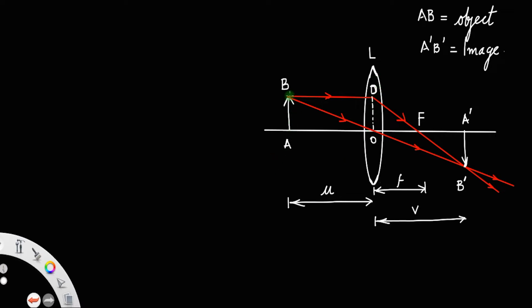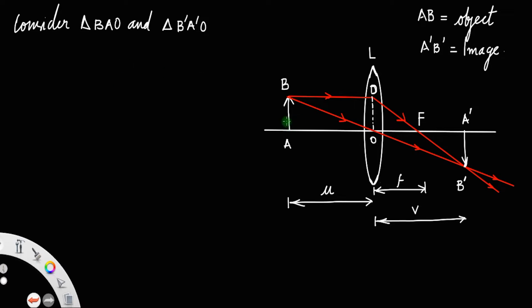Now let us consider two triangles. Consider triangle BAO and triangle B dash A dash O. We know these two triangles are similar.